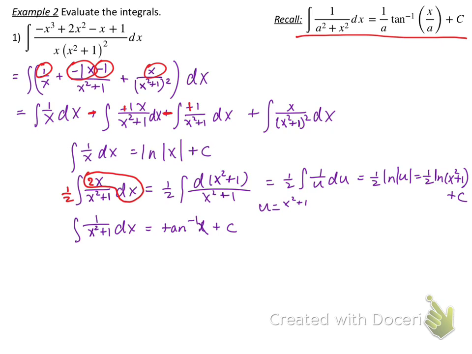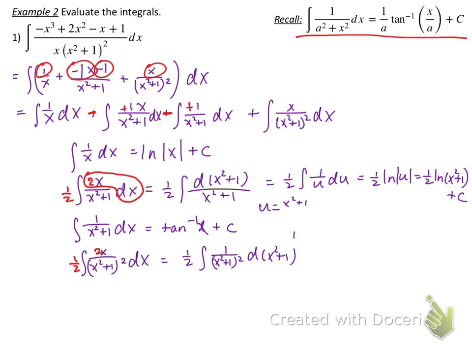And finally, the last fraction. I do the same thing. Because it has an x on the numerator, I give it a 2, I make it 1/2. So this is 1/2 the integral of 1 over, sorry, going ahead of myself, x squared plus 1 squared d of x squared plus 1.